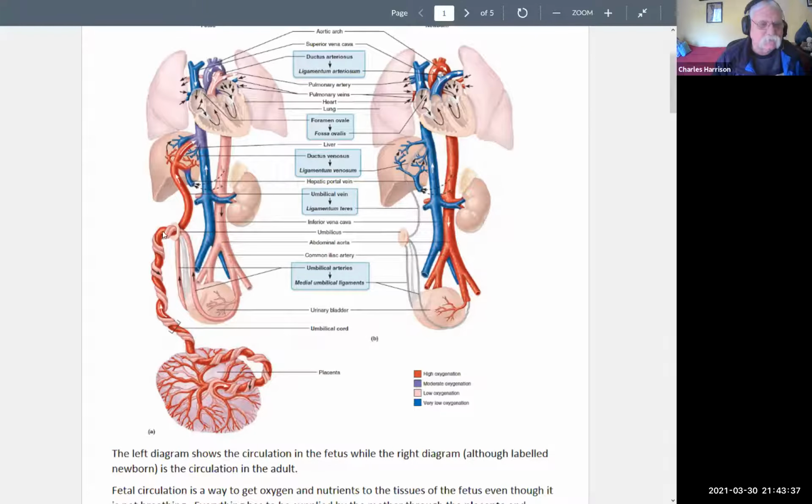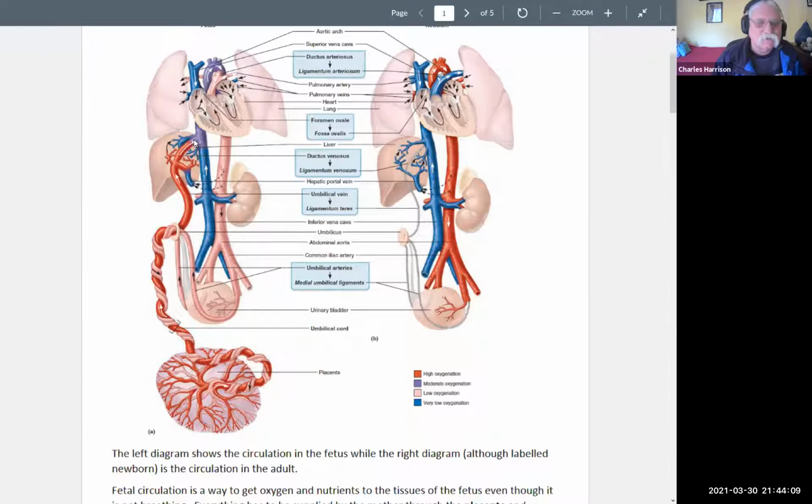It brings oxygen-rich and nutrient-rich blood up through the liver. But rather than going through the liver, as it would in the hepatic portal system, the blood is bypassing the liver for the most part. Some blood has to stop off at the liver because the liver has to have oxygenated blood too. But we have a shunt, as it's called.